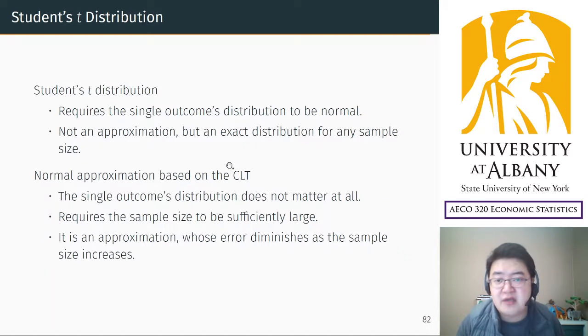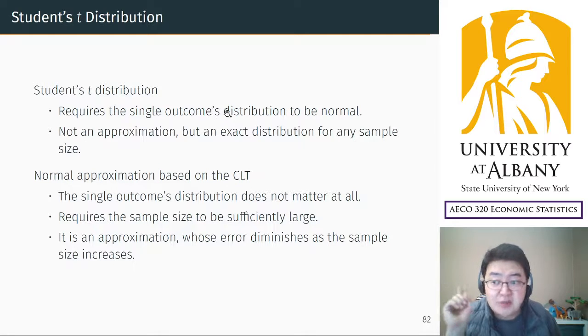And let me explain. The major difference between students' t distribution and normal distribution is that first, students' distribution requires a very strong assumption that the single outcome's underlying distribution must be normal. In our previous example, like the presidential election example, the underlying distribution was binary, which is not normal.